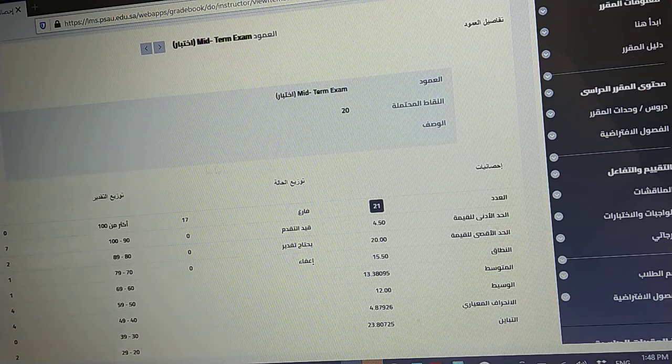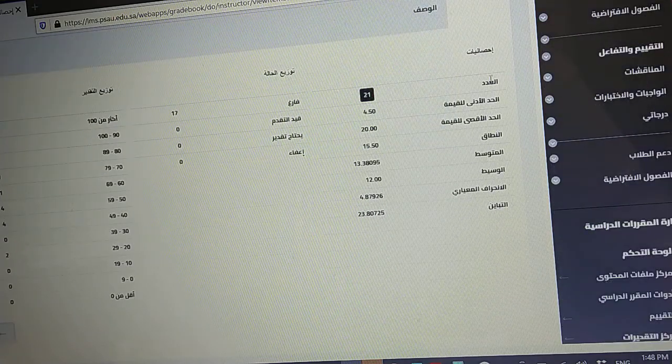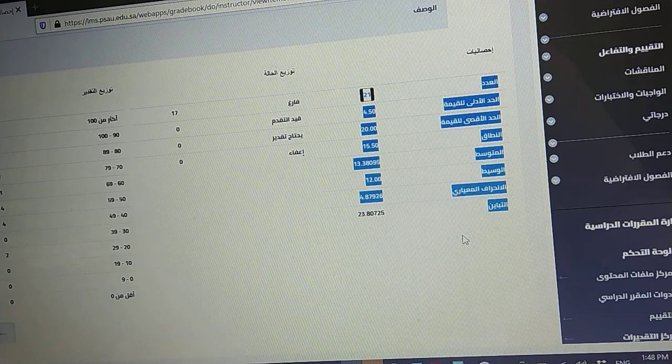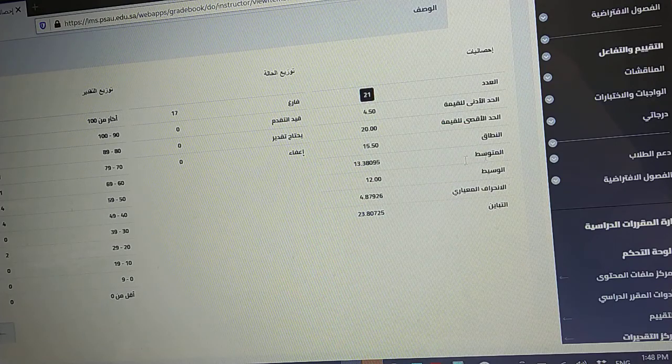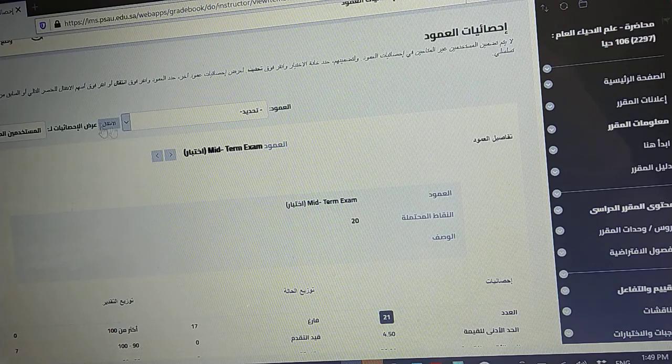After I choose column statistics, I will have some data. Between them I will choose the average. I will take this average. So this represents the average of students' marks in this section for the midterm exam.